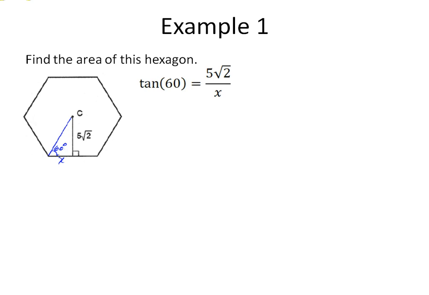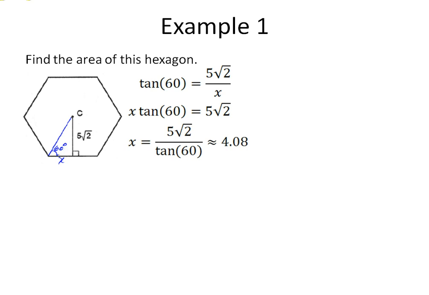We can find that using the tangent. The tangent of 60 equals the opposite leg, 5 square root of 2, over the adjacent leg, x. Cross multiplying gives x tangent 60 equals 5 square root of 2. Dividing both sides by the tangent of 60, x is approximately 4.08.